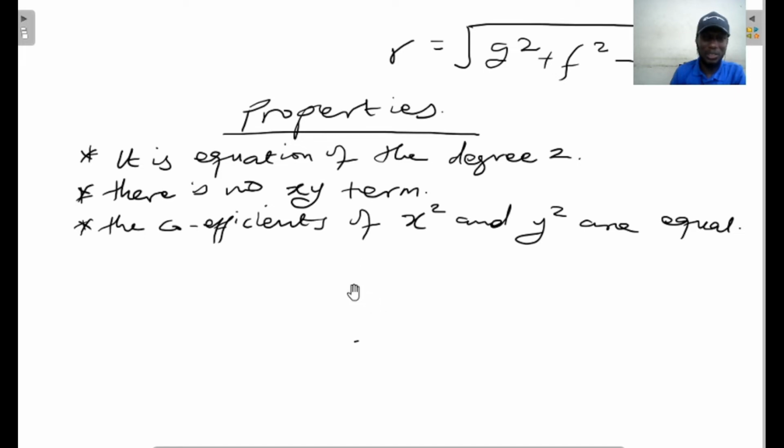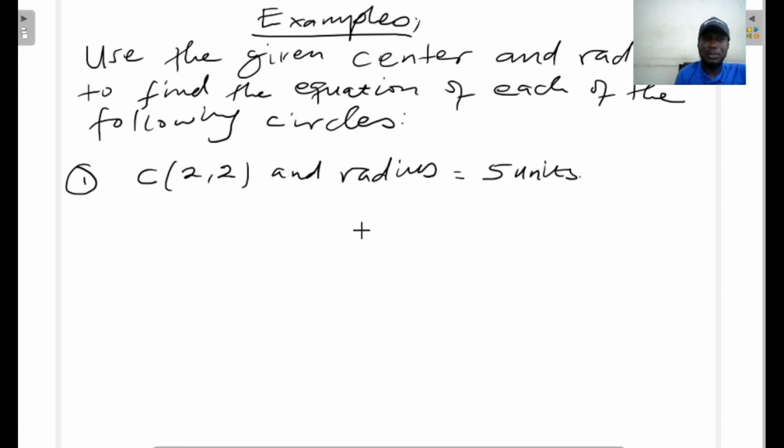So let me just write the question quickly. The instruction is the same. Use the given center and radius to find the equation of each of the following circles. And the first circle has center coordinates 2, 2 and radius 5 units. We are going to use the general formula in solving this.